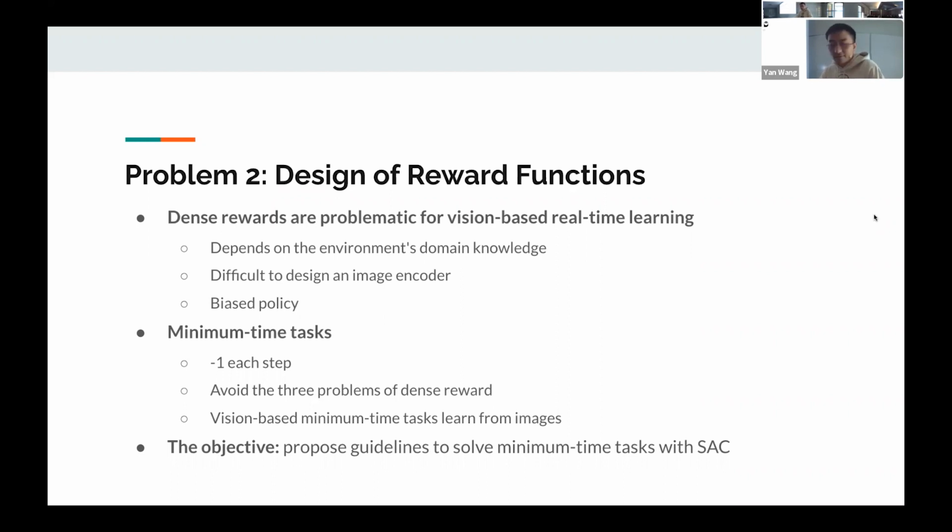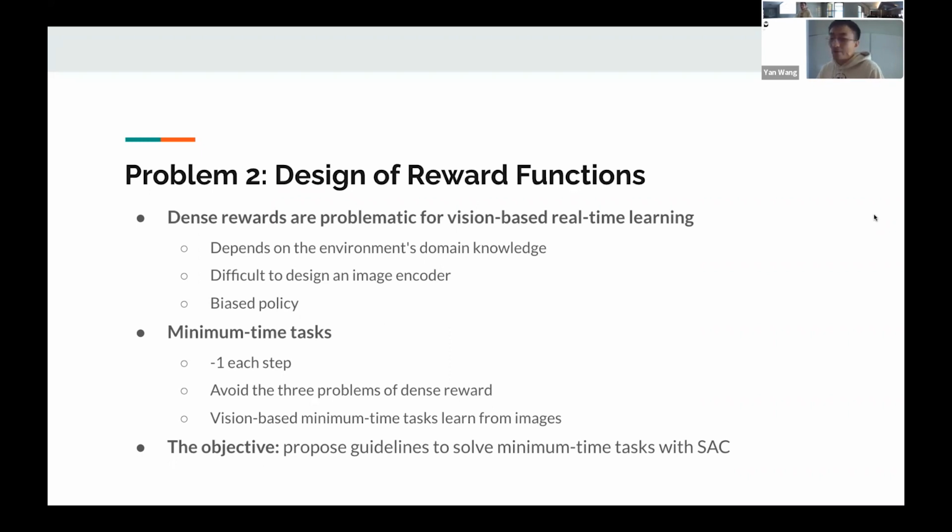Thus, in the vision-based real-time learning setting, it is beneficial to work with reward signals that are independent of domain knowledge and prior image encoders, but without misleading the solution in an undesired way.